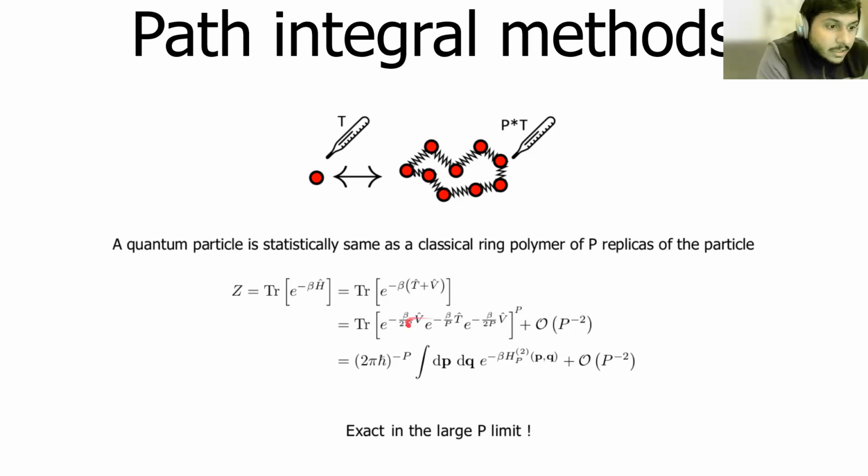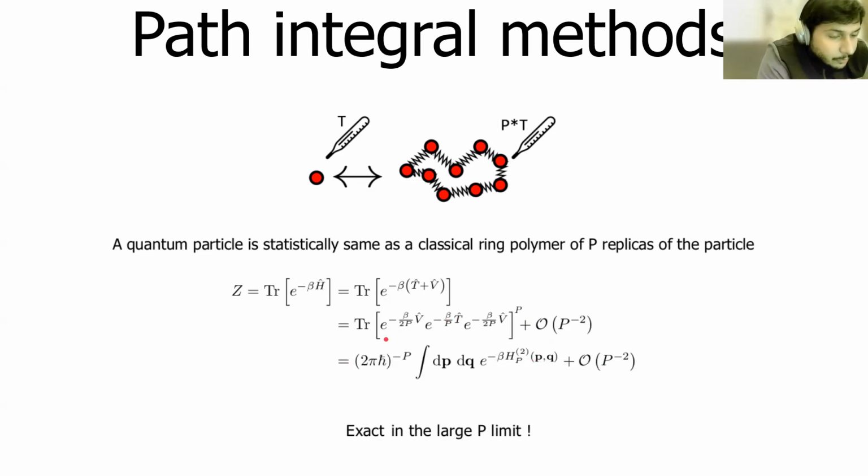And then you get this particular expression. And then how do you compute this trace? That I cannot cover, but you will have to trust me that if you work this out in the basis of positions, so you integrate over dq and work this out with quantum mechanics, you can show that this leads to this expression.